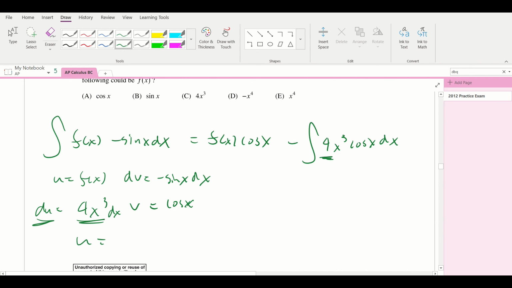So if du equals 4x cubed dx, then u equals x to the power of 4.